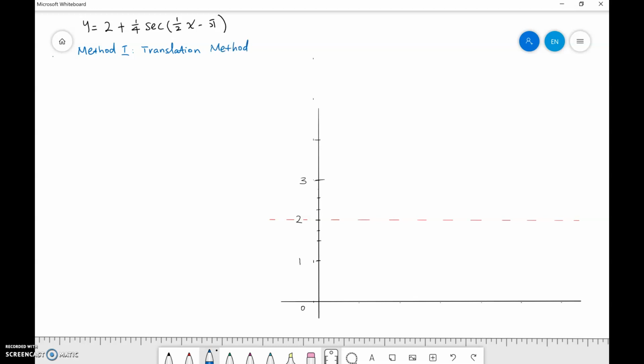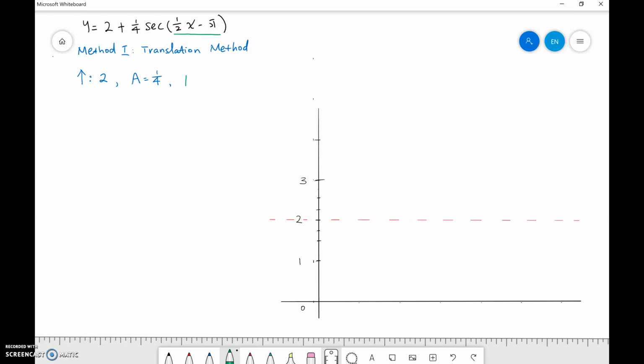So from the equation we know the graph is going to be shifted up by 2 units. The amplitude is going to be 1/4. We need to change the 1/2 x minus pi.